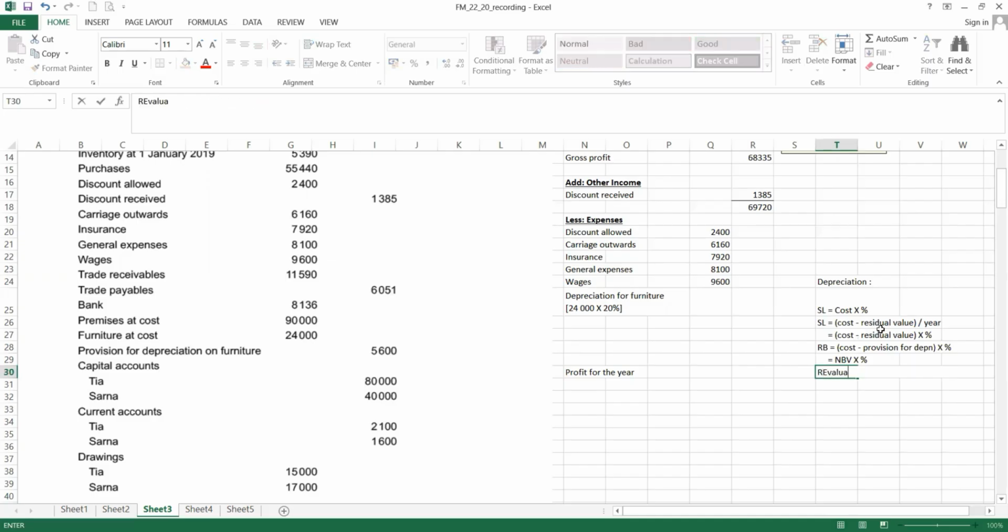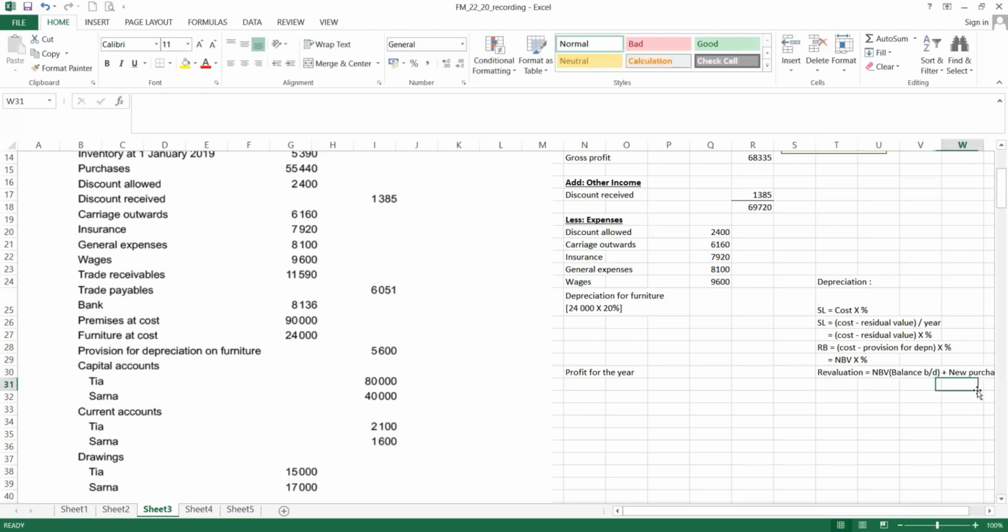If the question is a revaluation method, we take the net book value, but this one refers to the balance brought down at the beginning of the year, plus any new purchases, minus disposal of the asset, minus net book value of the asset, balance carried down.